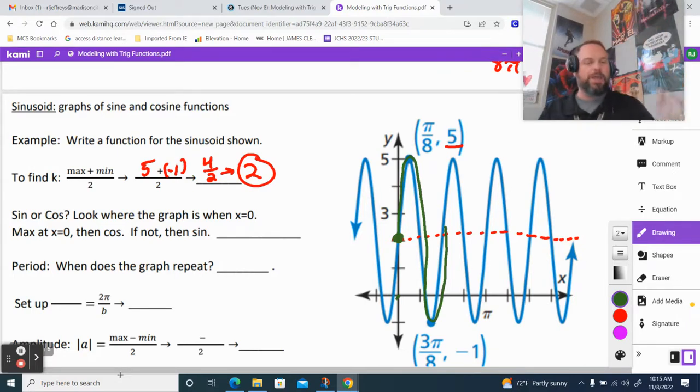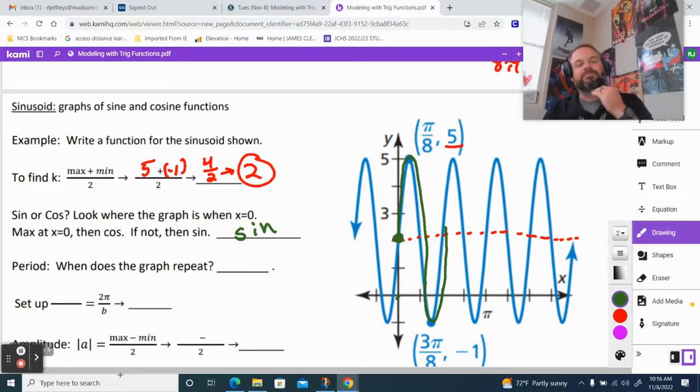It looks like a weird S. Okay, remember I said the cosine looks like a cow's head? Okay, so this is sine. Sorry, I accidentally confused somebody.